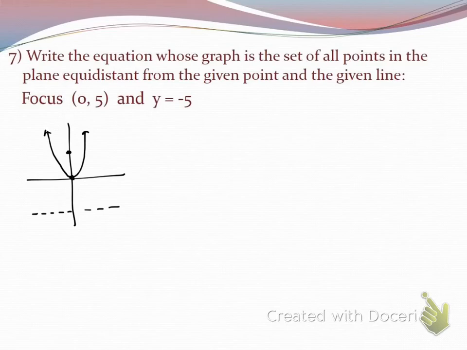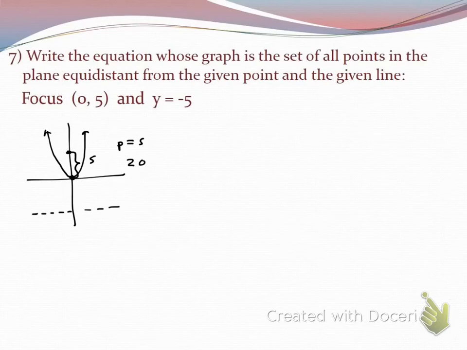Well, that's nice. Our vertex is at 0, 0. What is this distance from here to there? So what's our distance from the focus to the vertex? What's that distance? 5. And that's P. So P is 5. So what's 4P? So 4P is 20.